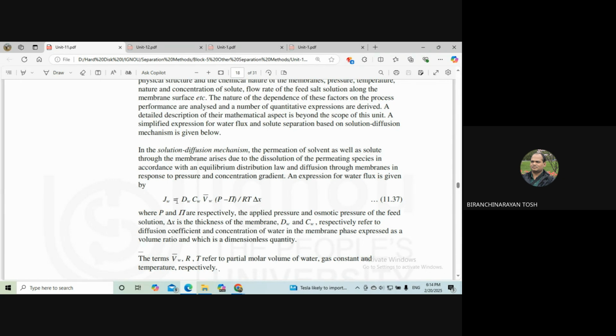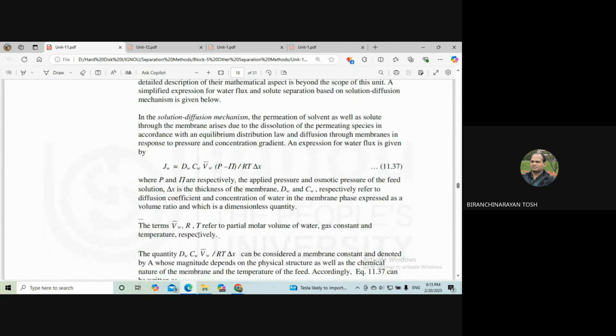So this is the general equation: Jw equal to Dw into Cw into Vw, partial molar volume, into P minus pi upon RT into delta X. Here delta X is the thickness of the membrane, Dw and Cw refer to the diffusion coefficient and concentration of water in the membrane phase, expressed as a volume ratio, which is a dimensionless quantity. Terms Vw bar, R and T refer to the partial molar volume of water, gas constant and temperature respectively.